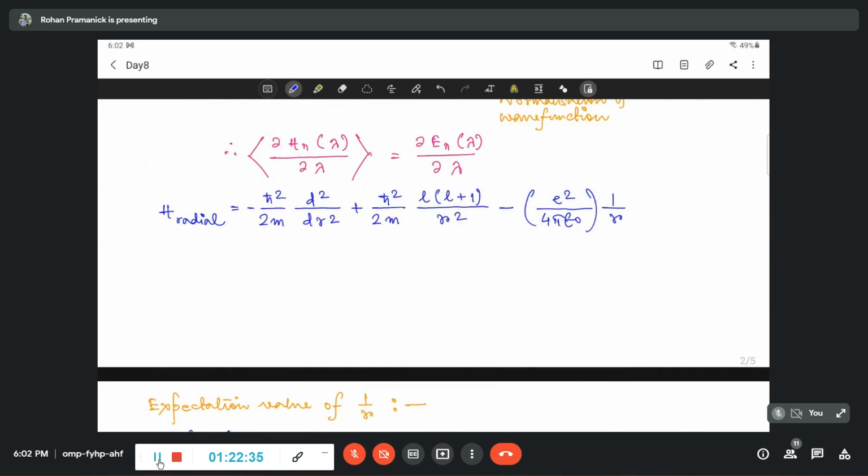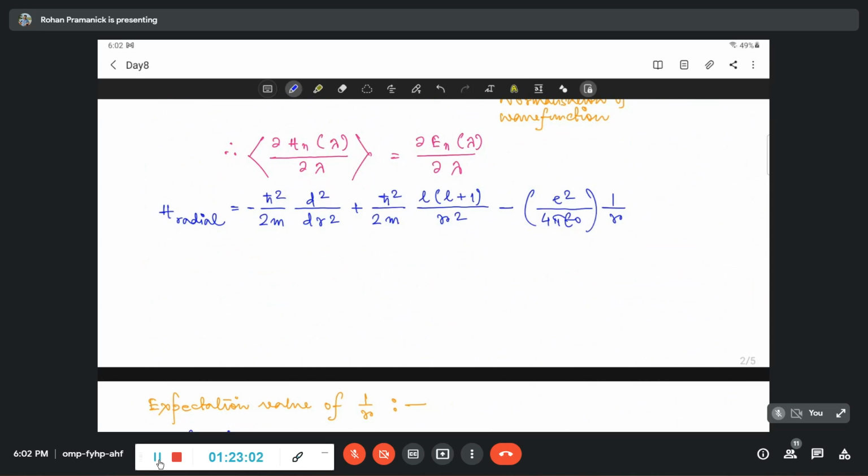So you have to do something more in order to find this, but this can be done. So should I just write this 1 by r cube expectation value, or do you want me to calculate it from first principles? It will take some time, and we need to interpret some results, because this spin orbit coupling merged with the relativistic correction will give you the fine structure.